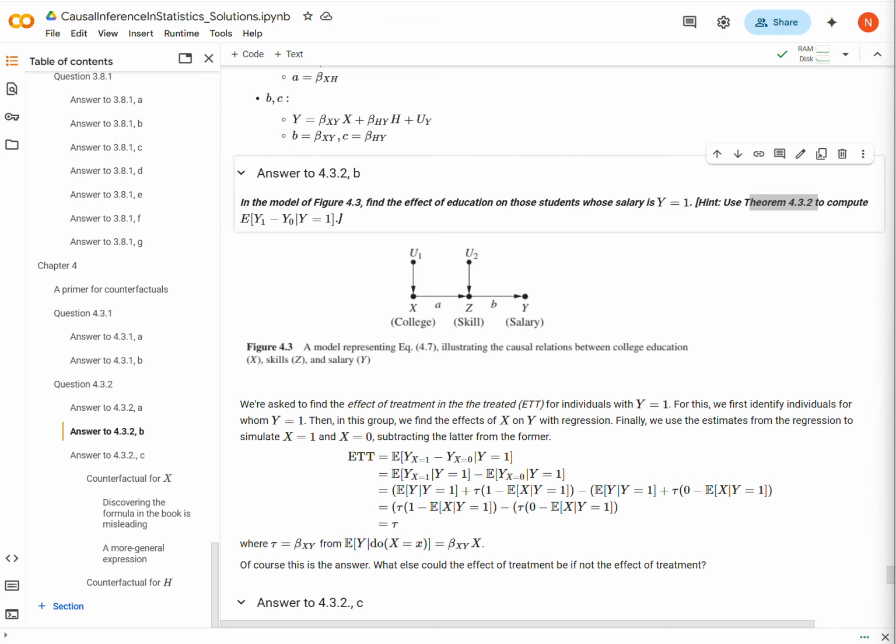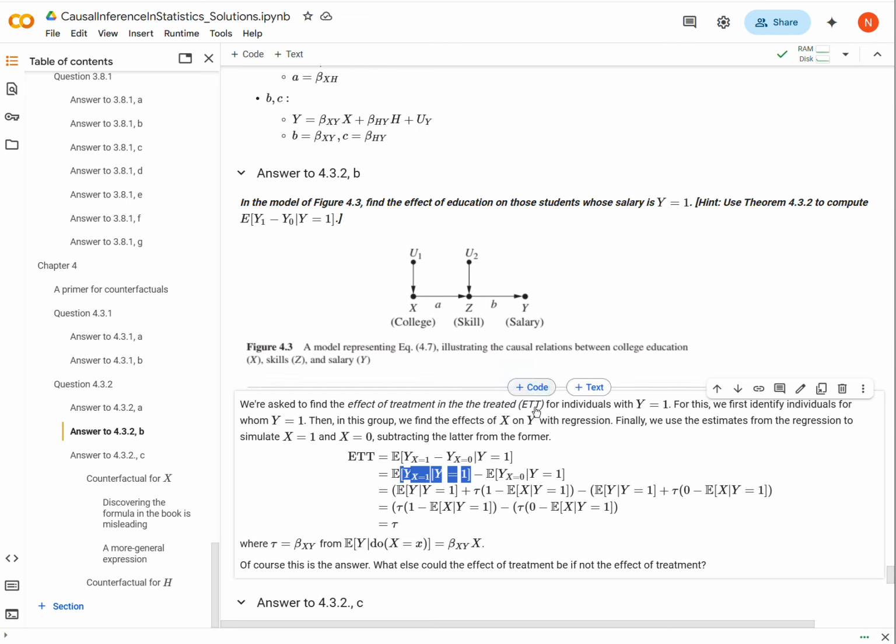Let me look it up off screen. Theorem 4.3.2 gives you an expression not for the ETT, but for the expected value of a counterfactual.